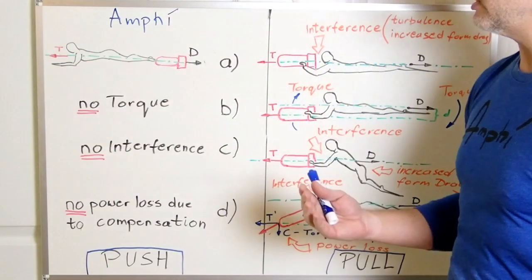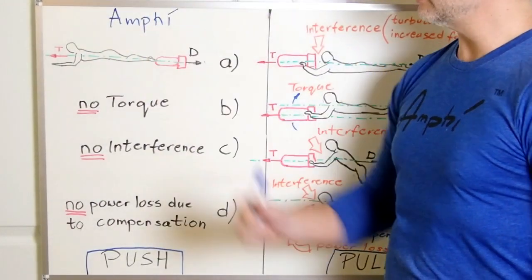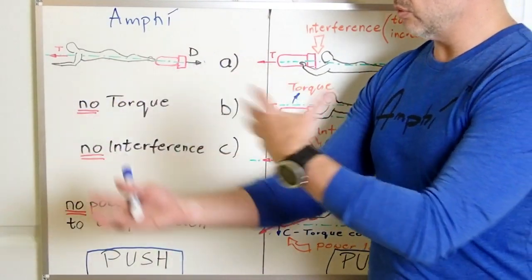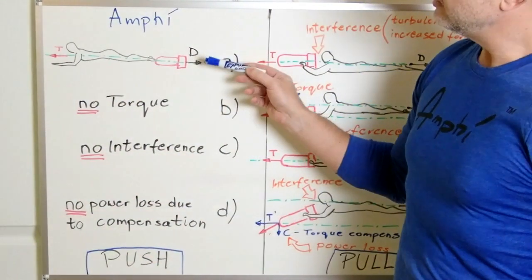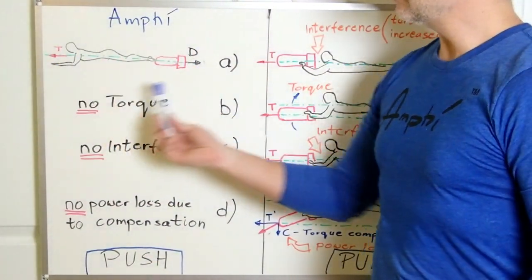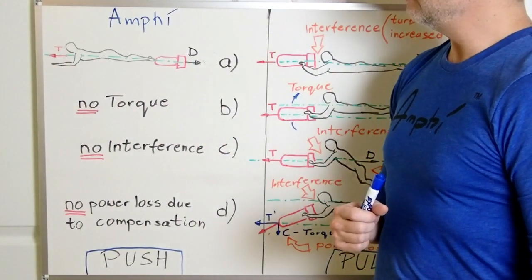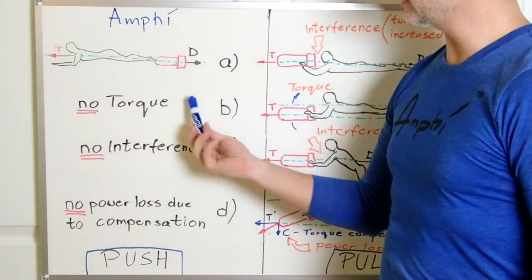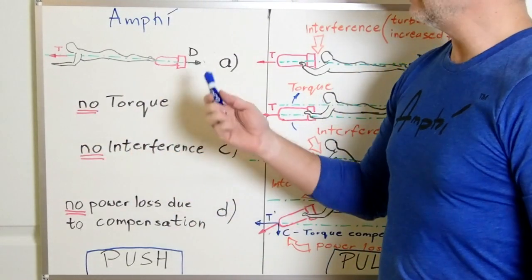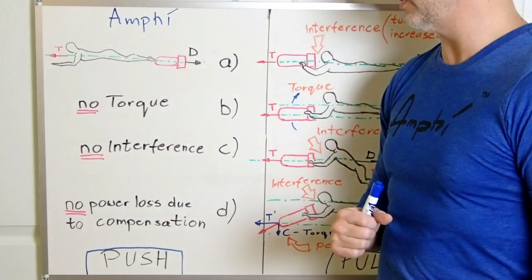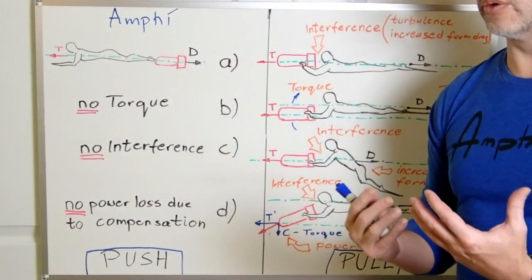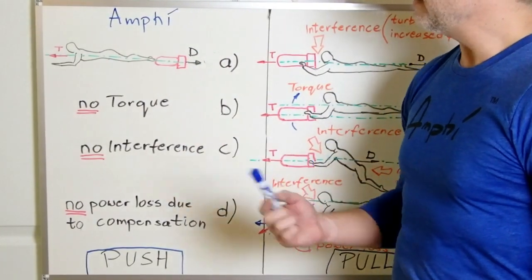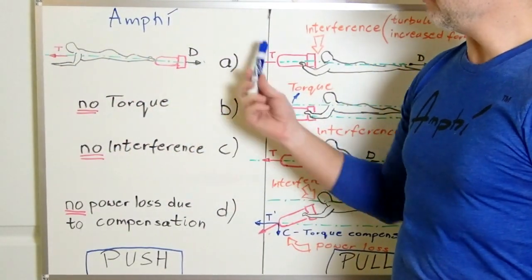There is no interference, your line of sight is not blocked, you are hands-free, you can do whatever you want, and still there is no hydrodynamic cost you have to pay for this situation, no compensation, nothing. So there is no inherent torque coming with this configuration. There is also no interference between the water going back and your body, because everything is happening here.